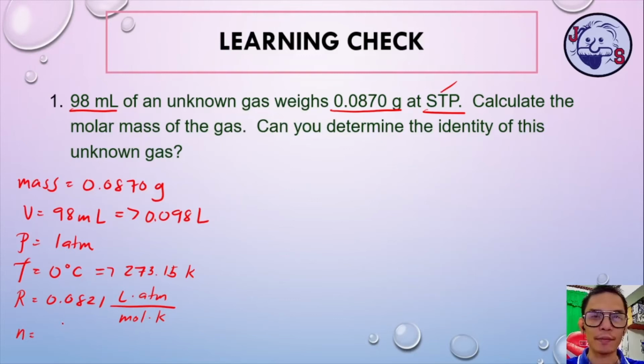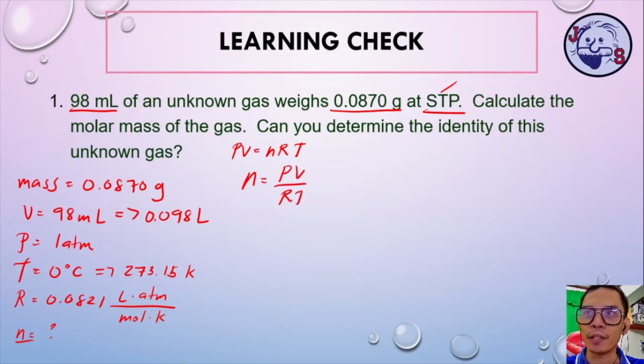So since n is missing, we can use the formula PV is equal to nRT. Then n is equal to PV over RT. This is our formula and we are good and ready to go.